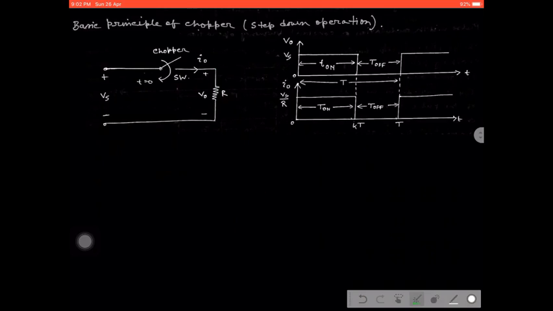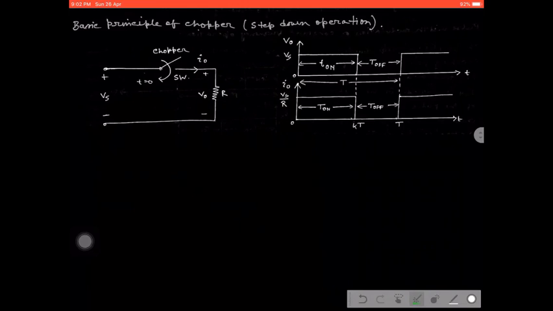Now we are going to demonstrate the working principle of the chopper. On the right hand side we assumed two axes, output voltage and output current, taken from the load. Here we are using a DC supply which is constant in magnitude, and we are giving some triggering pulse across the thyristor.